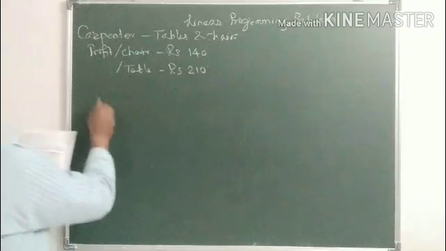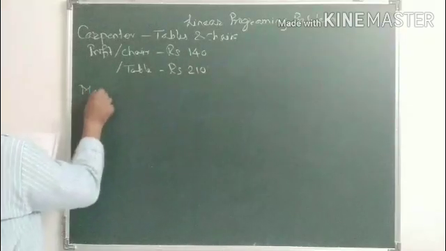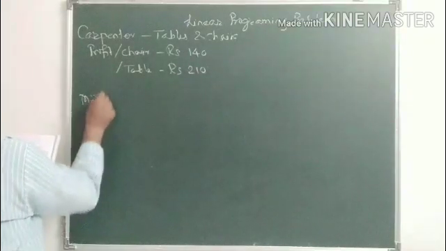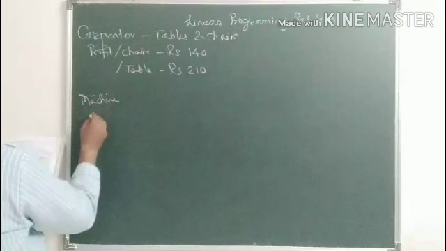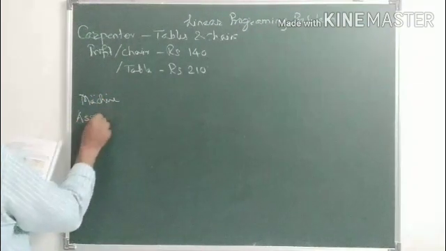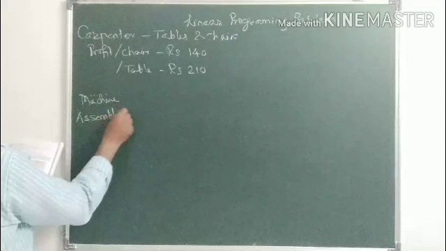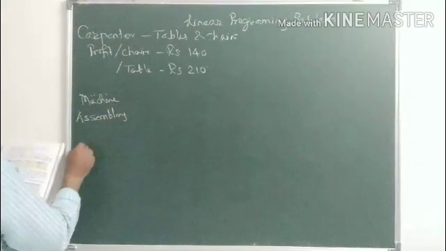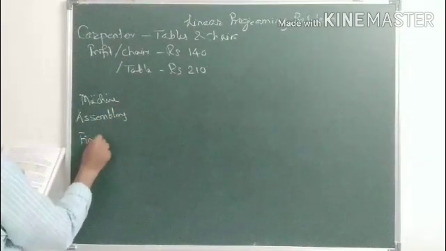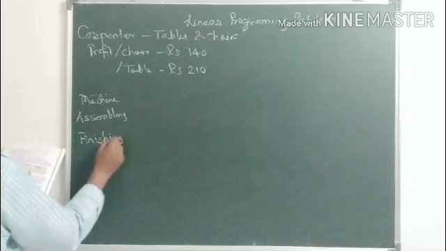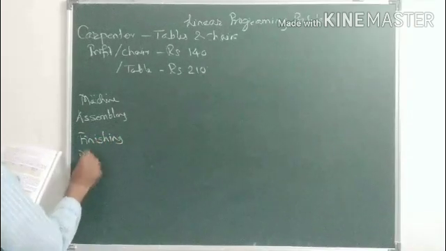So, in table we have given machine, assembling, then finishing and polishing.